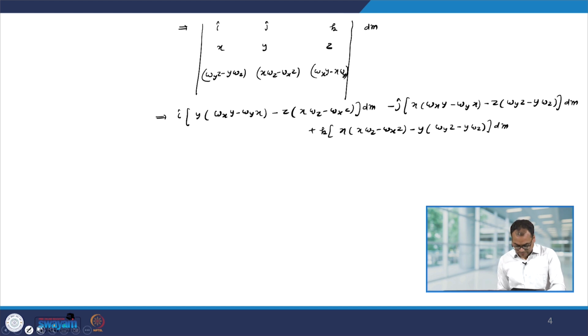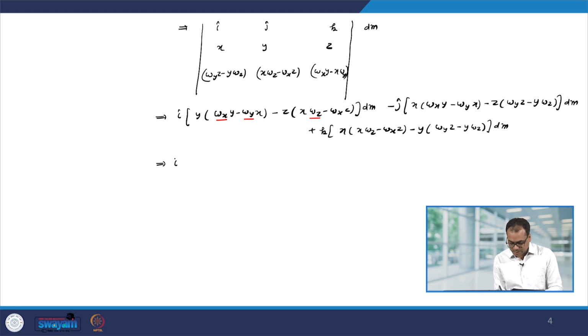Now we can collect the coefficient of ω_x, ω_y and ω_z inside i, j and k. So here I have ω_x, ω_y and ω_z. Let us collect their coefficient.